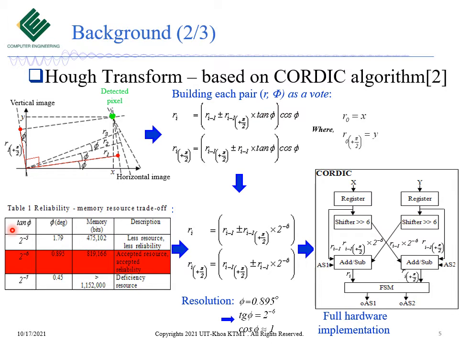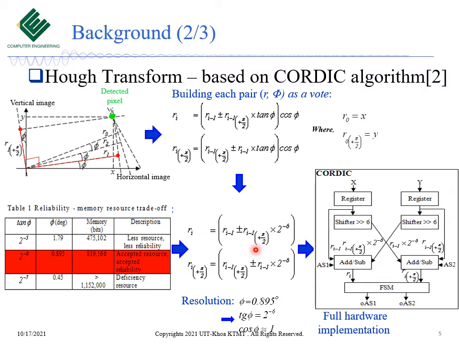In Table 1, if we choose phi to move around 0.9 degrees, it means that tan phi is around 2 power of -6. So by this way, cos phi approximates 1. Therefore, we can remove the tan phi and cos phi from the equation, and we can achieve this equation.